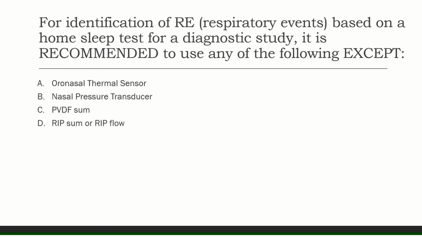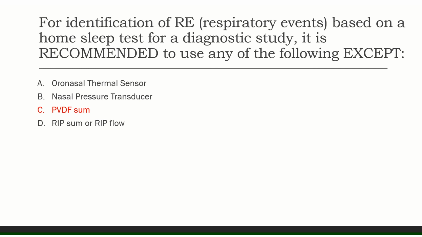For identification of RE, aka respiratory events, based on a home sleep test, for a diagnostic study, it is recommended, keyword recommended, to use all of the following except what? To use all of the following except what? PVDF sum. Why this makes sense?